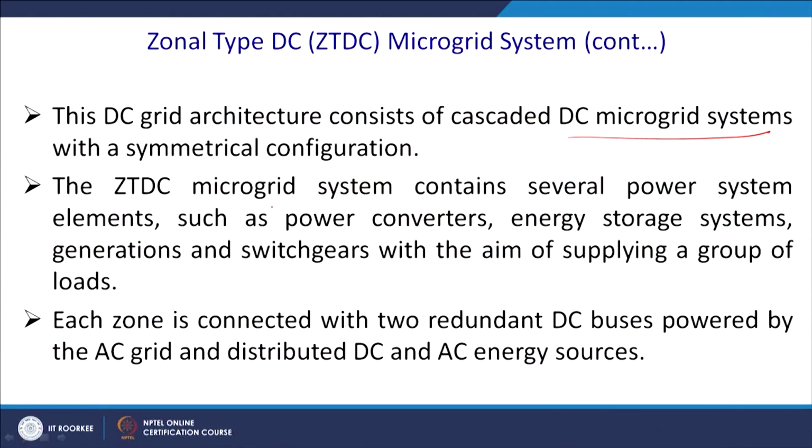The ZTDC microgrid system contains several power system elements such as power converters, energy storage systems, generations, and also if it is a very large system, it may incorporate switchgears with the aim to supply a group of loads, and each zone is connected to 2 redundant DC buses powered by the AC grid and the distributed DC and AC energy sources.